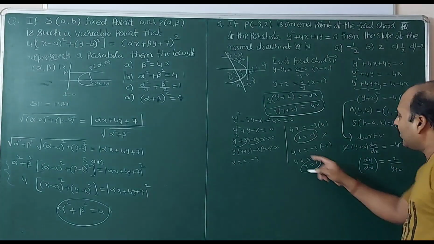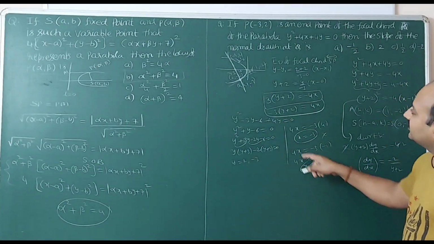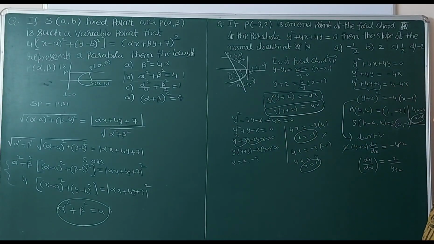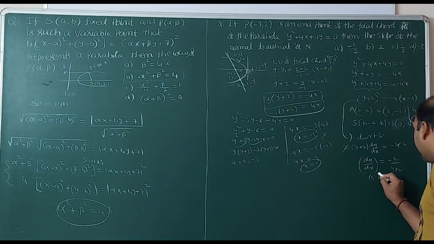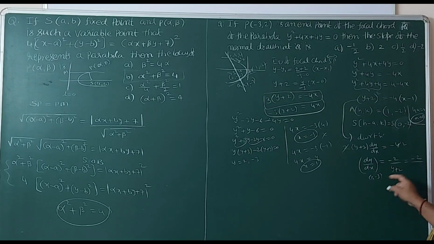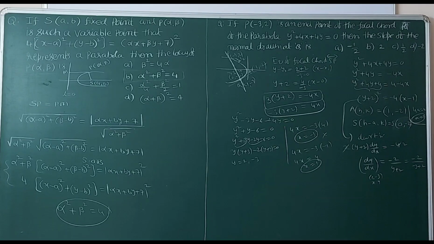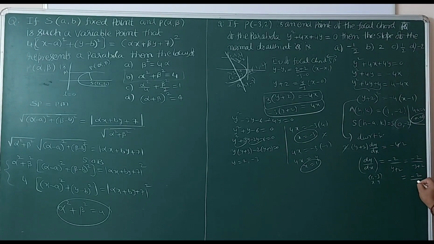So dy by dx at what point? Q point. Q is (1, minus 3). So dy by dx at (1, minus 3): minus 2 divided by y value, this is x, this is y, minus 3 plus 2, dear students. So minus 2 by minus 1.